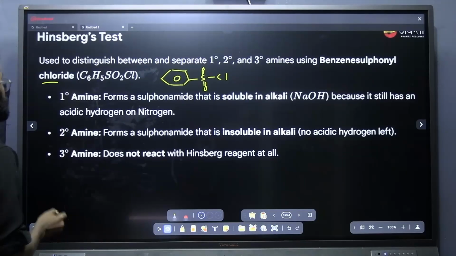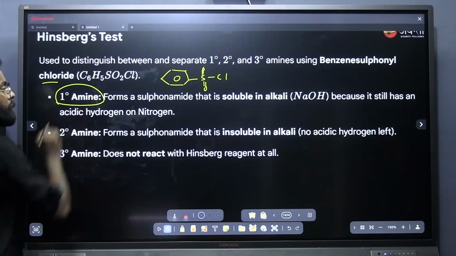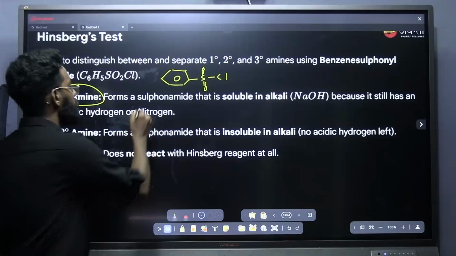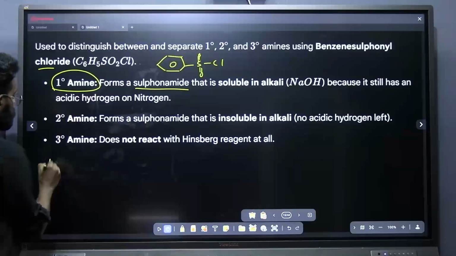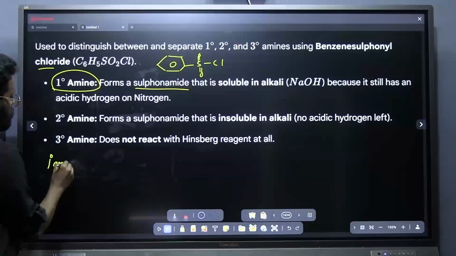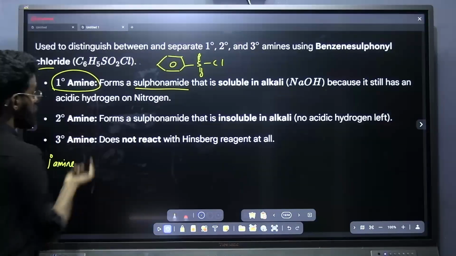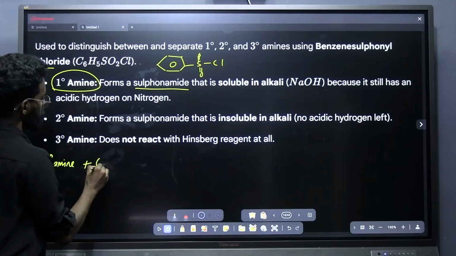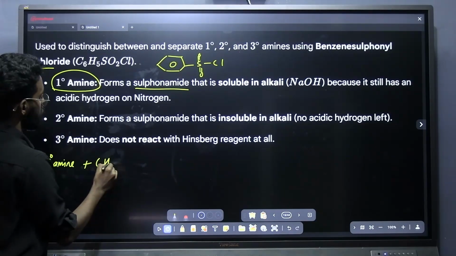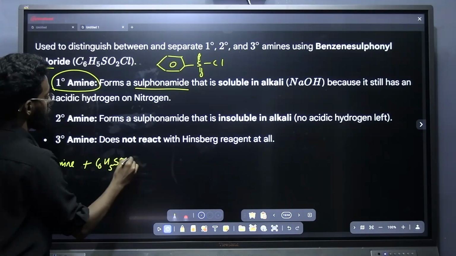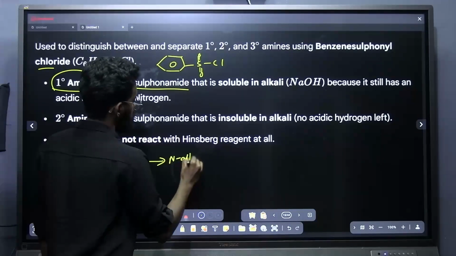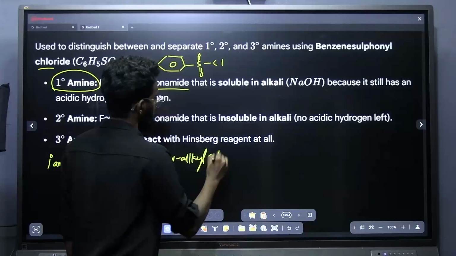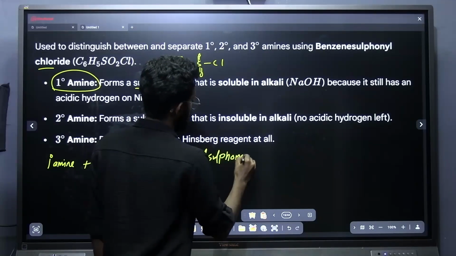When this benzene sulfonyl chloride reacts with a primary amine, it will form a sulfonamide. Primary amine on treating with C6H5SO2Cl, what I will be getting is an N-alkyl sulfonamide.